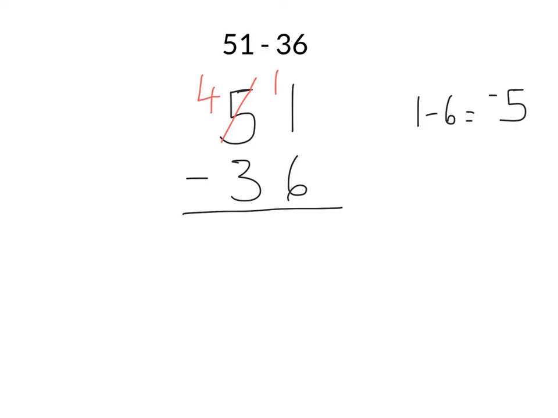I've got 10 extra units here to allow me to do my subtraction. So I can now do 11 units take away 6 units to give me 5. And I can do 4 take away 3 to give me 1. So this will leave me with an answer of 15. So that method of exchanging is something that is really important to subtraction, and that's where a lot of people tend to make a mistake.